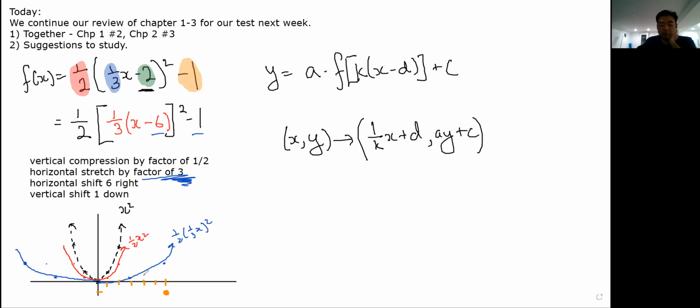This point goes 1, 2, 3, 4, 5, 6, and 1 down. 1, 2, 3, 4, 5, 6, and 1 down, somewhere here. And this is somewhere like that. Remember, this is just a sketch, so it could be a little bit off, but I want to show you that this is approximately where the final graph would be.